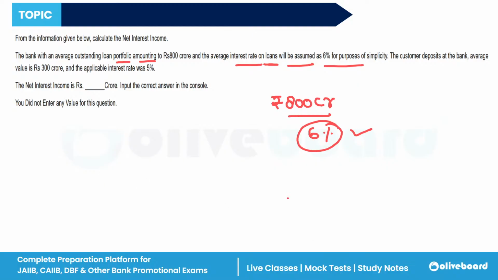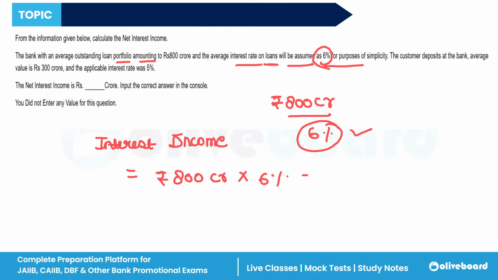Now let's calculate. Here, simple. NII means is a profit metric which is equal difference between the bank interest income and interest expense incurred. So interest income we have to find out first. Interest income is rupees 800 crore multiplied by 6%, which is equals to 48 crore.